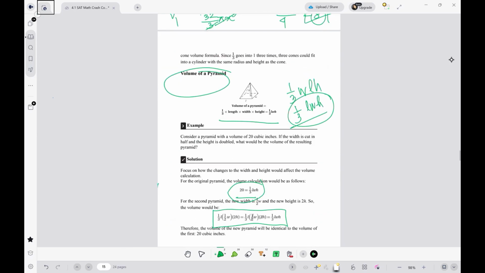Volume of a pyramid is 1/3 LWH. This is also the same type of problem, because you just need to find the volume of the pyramid, and then find the volume of the box, and divide one by the other, and that is how you solve the problem.